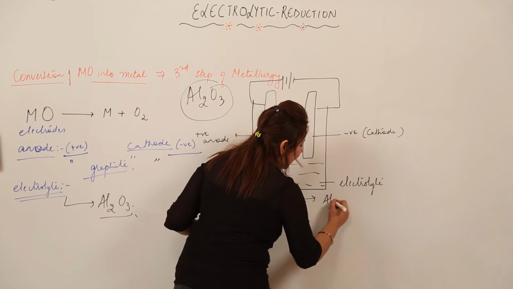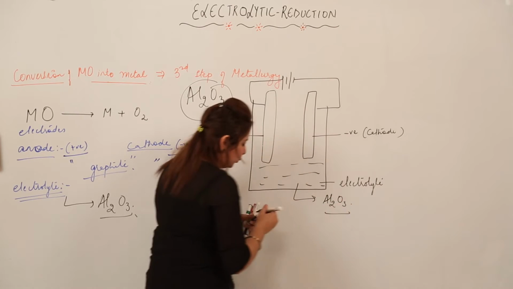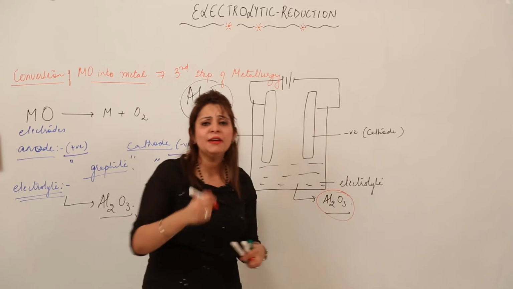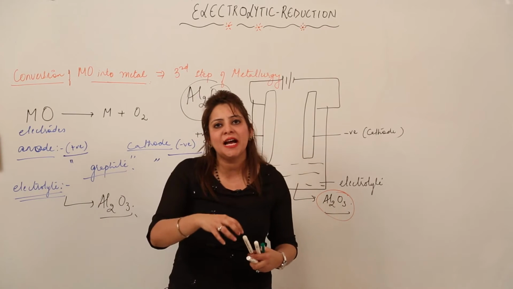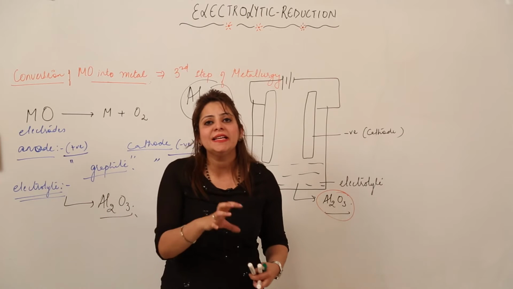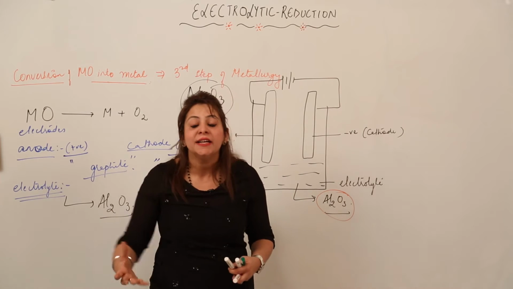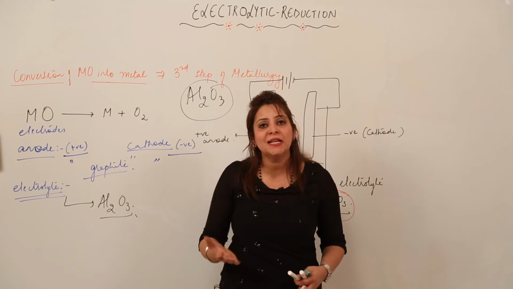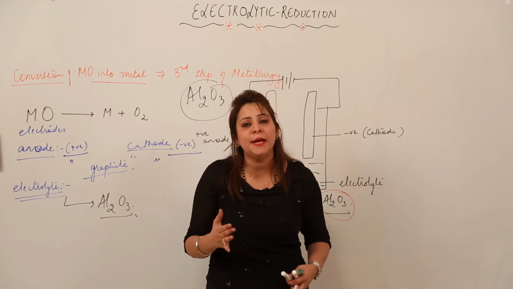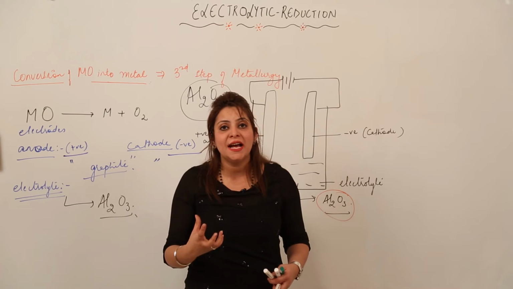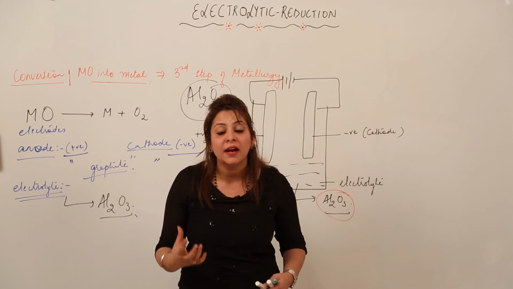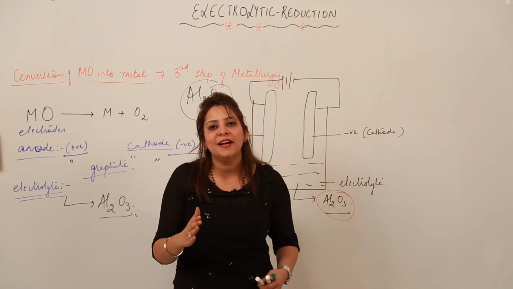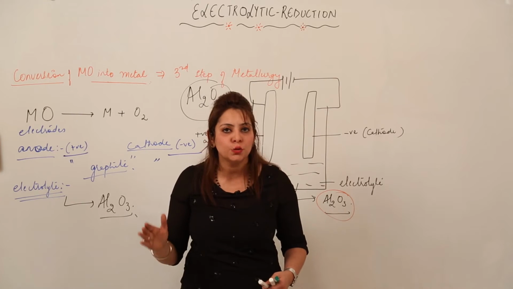Since we want to reduce aluminium oxide, I am taking the electrolyte as Al2O3. Whenever you get a question on why a substance is added to an electrolyte, the answer remains the same: it should function as an electrolyte in a proper manner, meaning on passing current it should fully dissociate into ions.